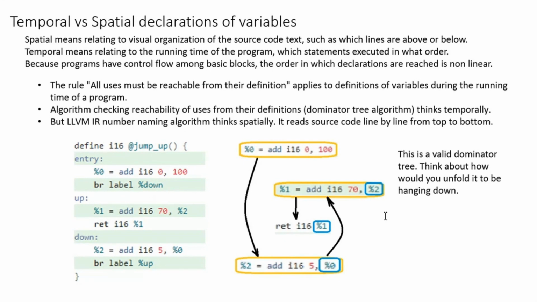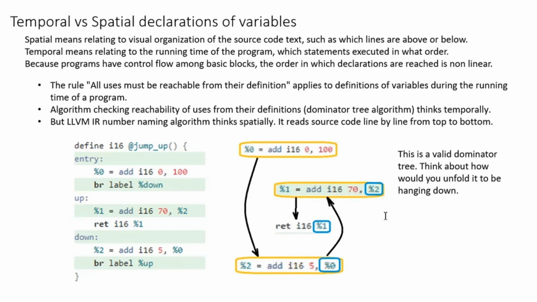Because programs can have control flow among different basic blocks, the order in which the declarations are reached is non-linear. So the rule that all uses must be reachable from their definition applies to definitions of variables during the running time of a program, so temporally, not spatially. Say for instance you jump from a basic block located lower in the source code to a basic block located above it.